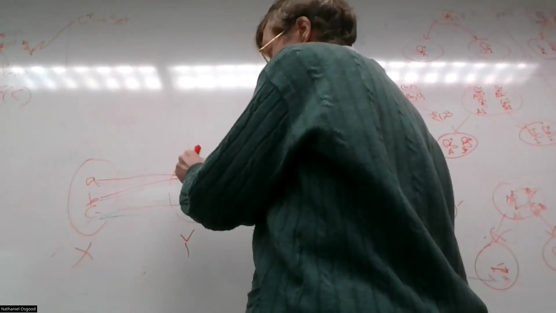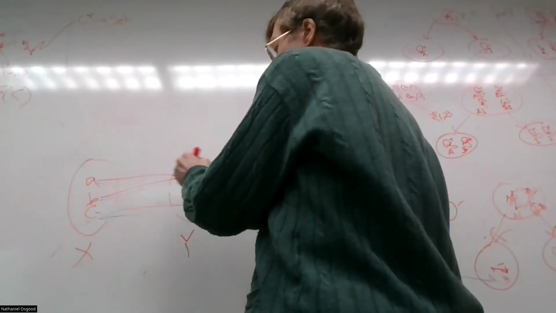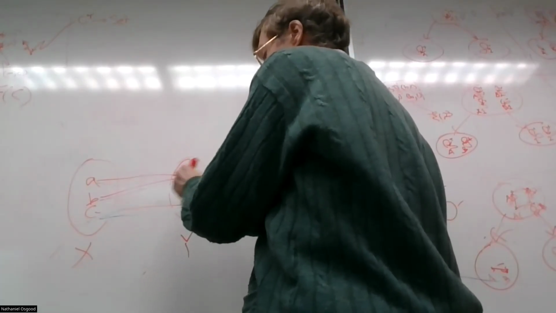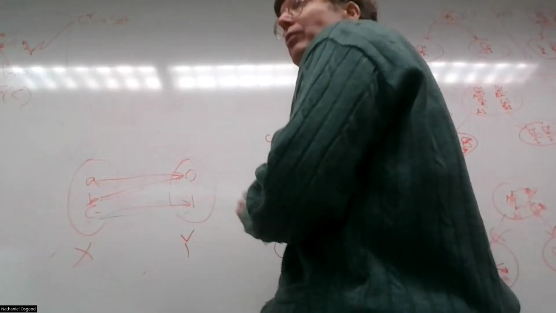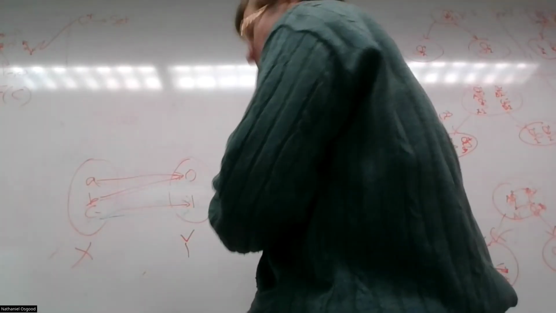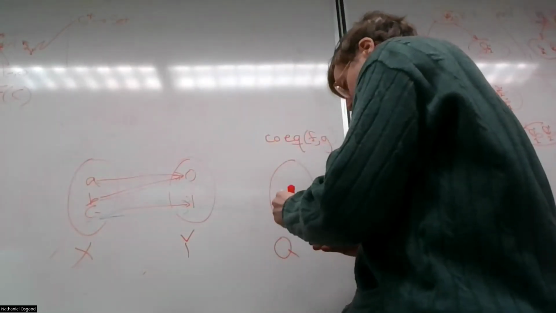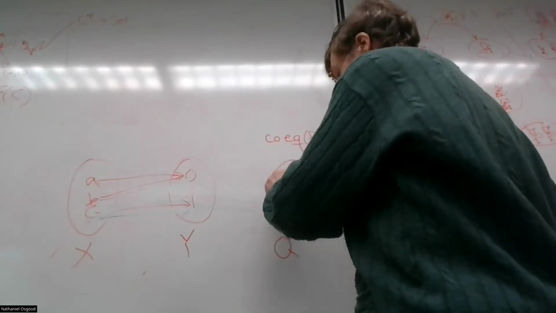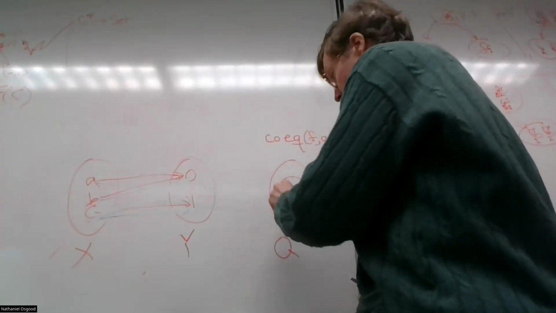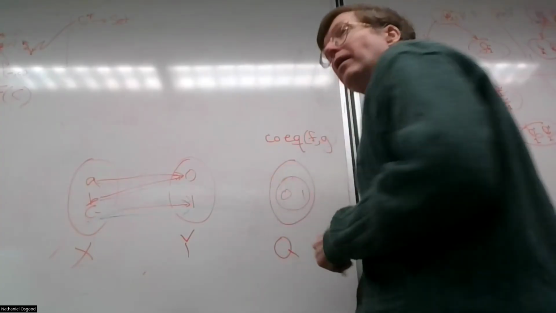So we know 0 is in the same equivalence class as itself. 1 is in the same equivalence class as itself. No added information. But 0 and 1 are in the same equivalence class. So there's exactly one equivalence class in Q here, which has 0 and 1 in it.